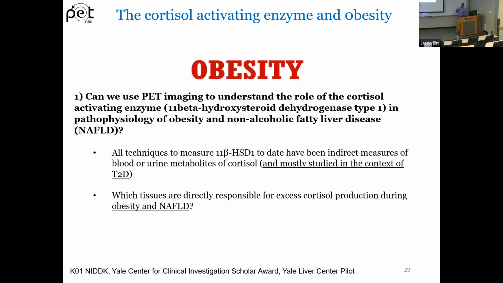We've developed a target, and I showed this before. We tested it in the pancreas, which didn't really have good uptake, but can we create a measure of 11-beta-HSD1 throughout the body that gives you the activating enzyme measure? And you can look at that in different tissues. For us, we're interested in liver, adipose tissue, and brain.